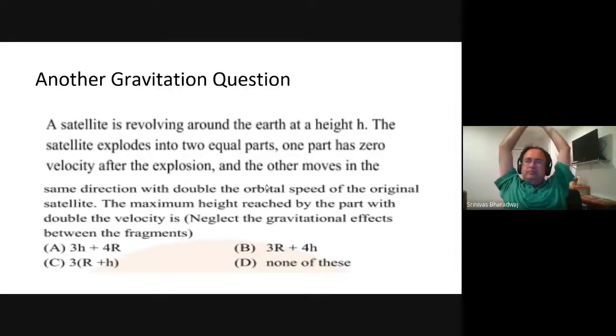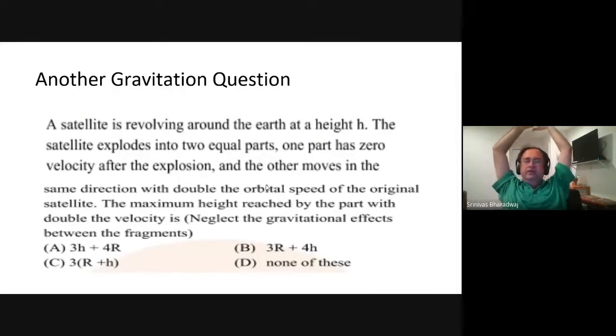Now its original orbital speed was what? v equals root of GM by r. So now it is 2 times that.